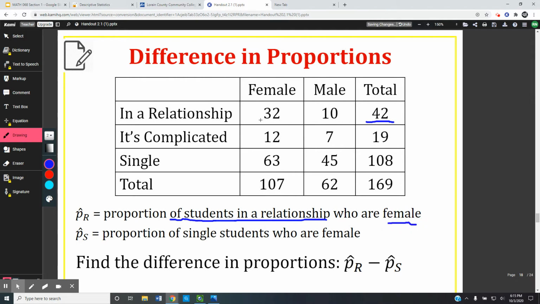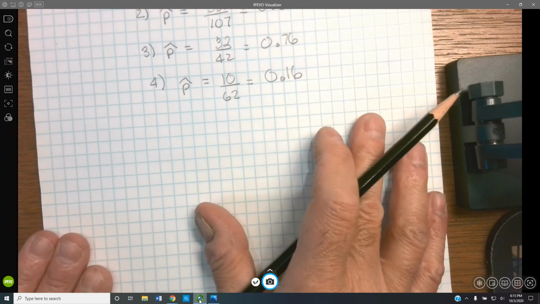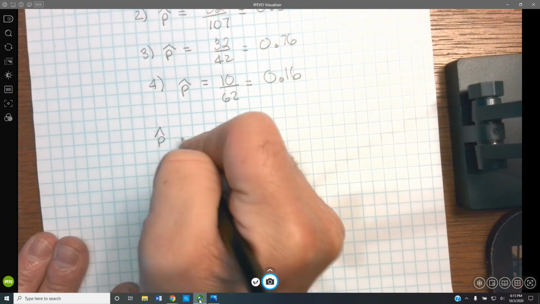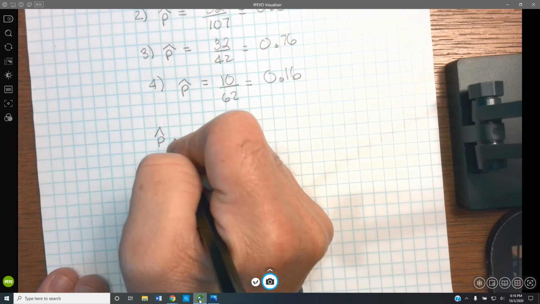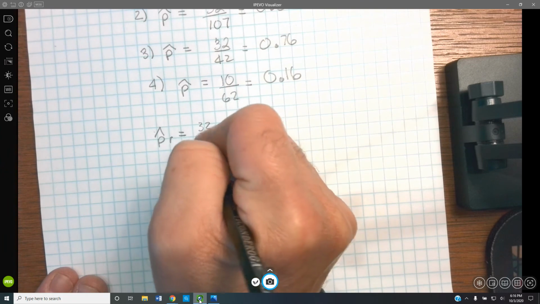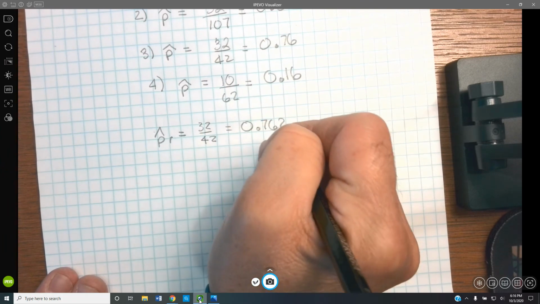So we're getting that 32 out of 42. Okay, so if I jump over here, my p-hat of R, because that's what it was given to be, is 32 out of 42 for approximately 0.762.